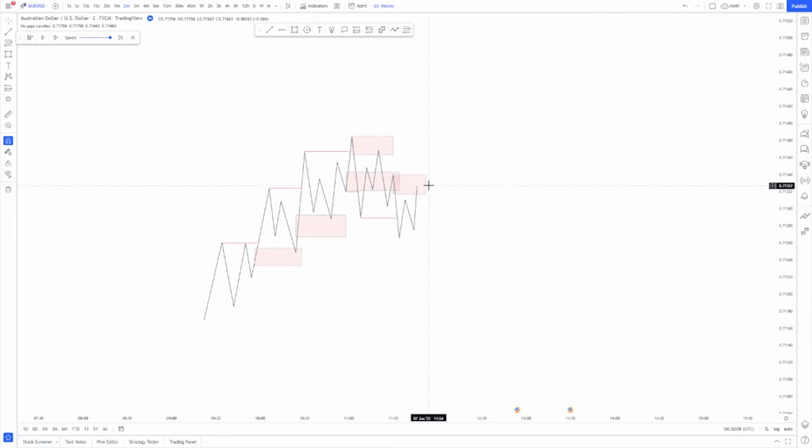So this would have been our POI, and after looking for our usual confirmations, we should have our sell entry imminent.